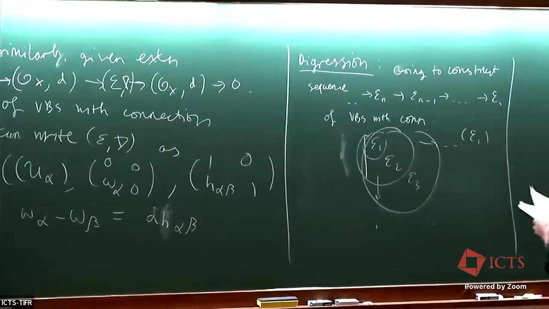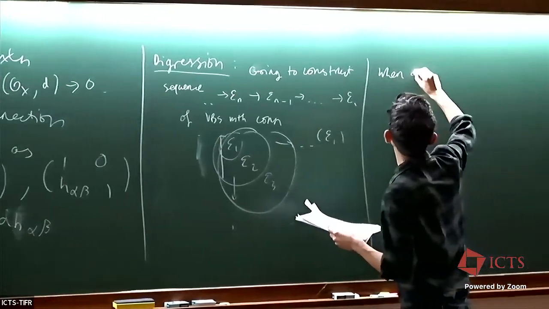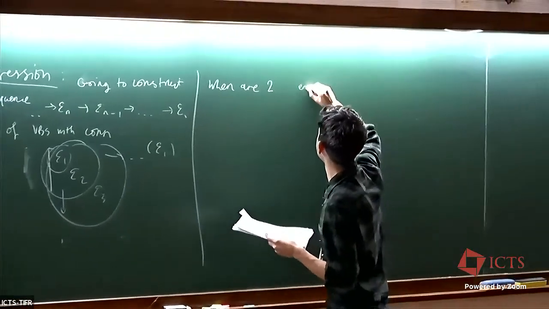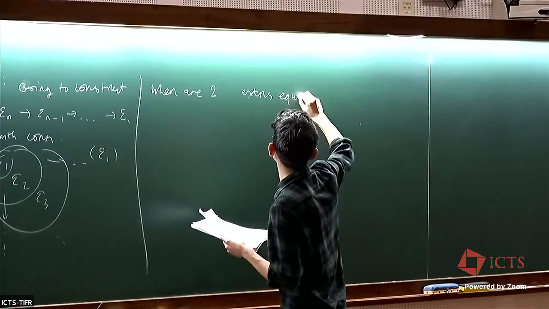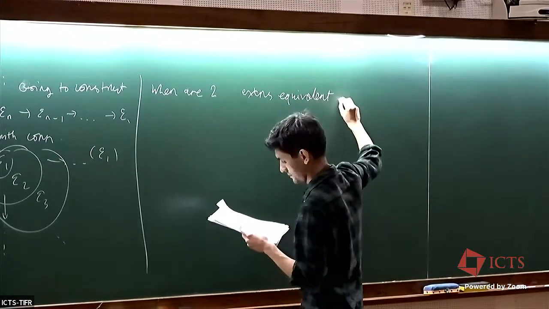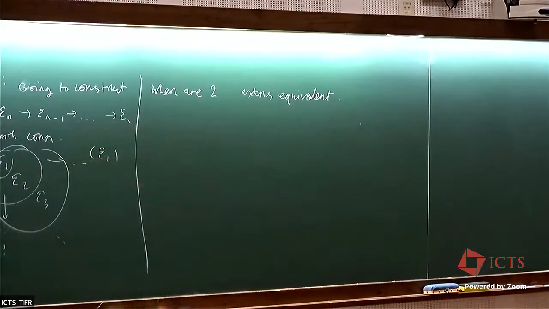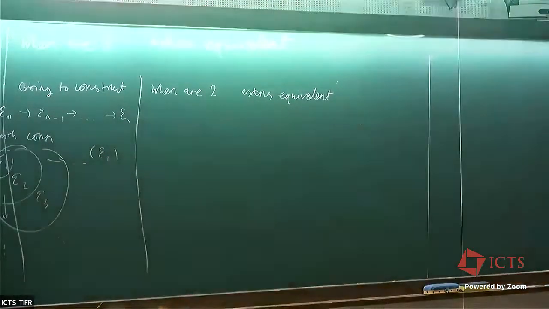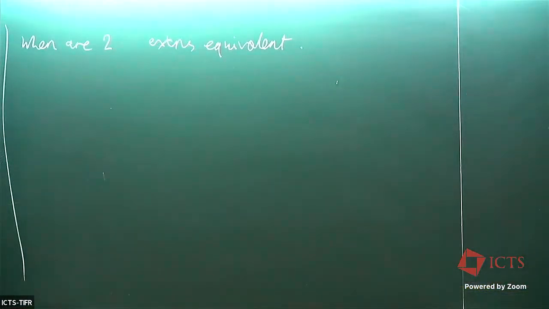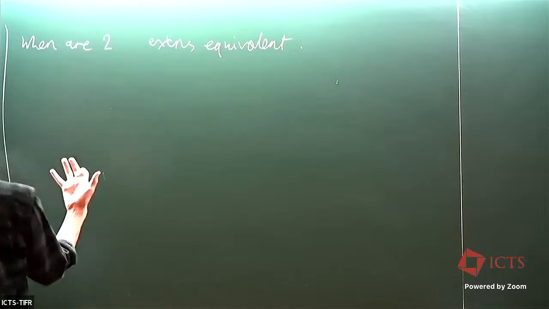Okay, and when are two extensions equivalent? Well, that's when we pre-compose this isomorphism here with some automorphism here, which in this setting just amounts to choosing some function.